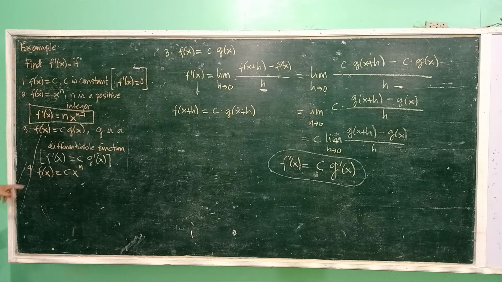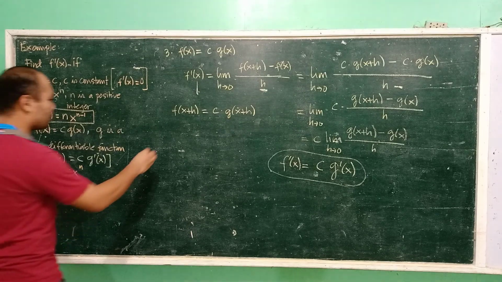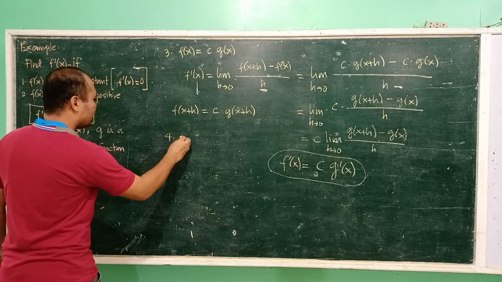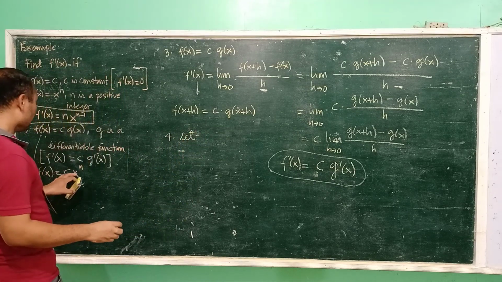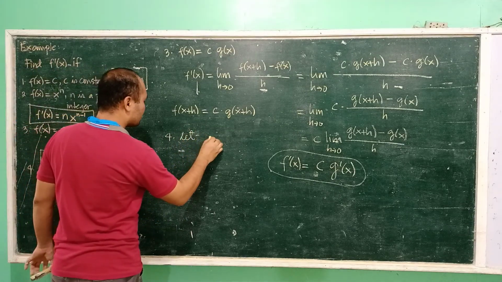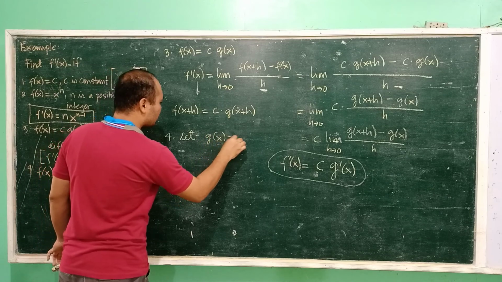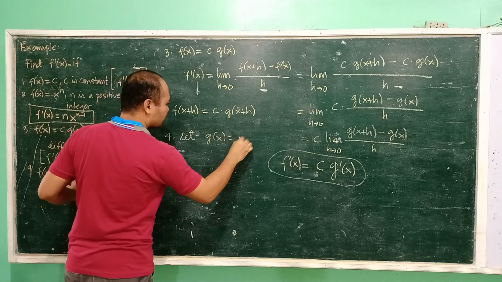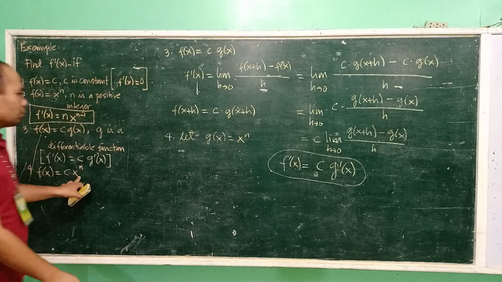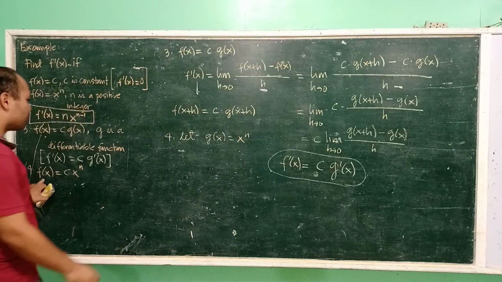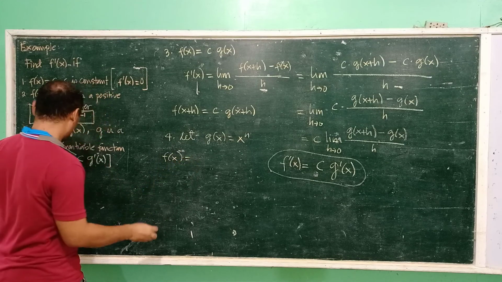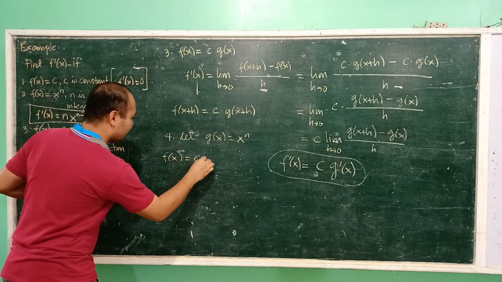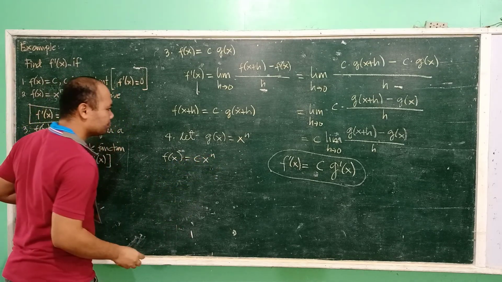Now let's go directly to number 4. I guess number 4 would be very simple. For number 4, let g of x equal x to the n.